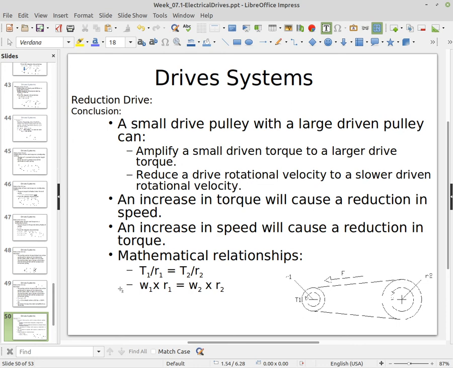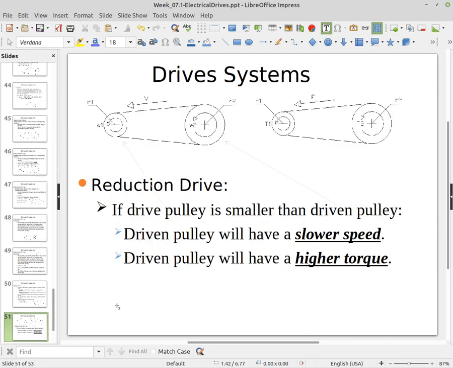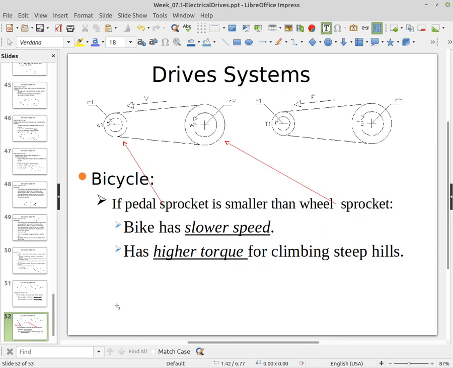So with these drive systems, we can increase our torque and our ability to drive heavier loads by driving them slower than we would if we used a direct drive system. So we lose speed but gain torque. We gain the ability to drive larger loads. We see this a lot with bicycles.